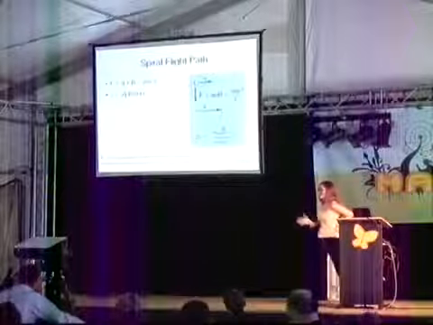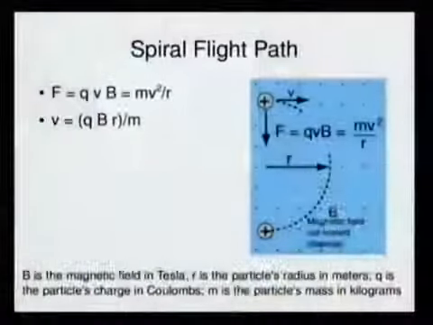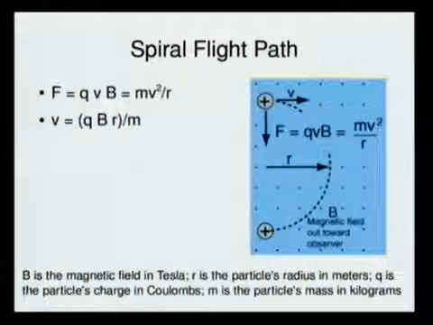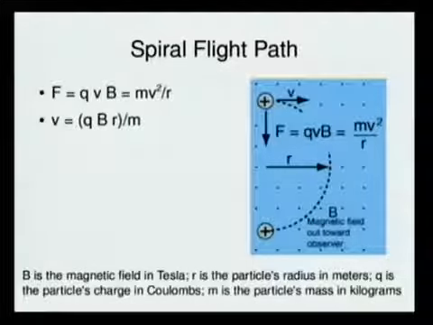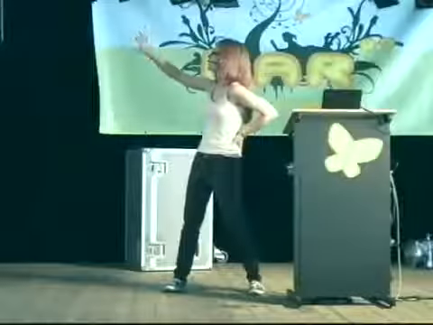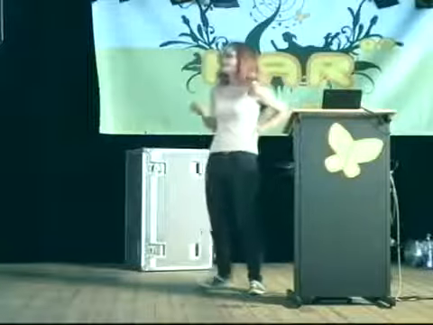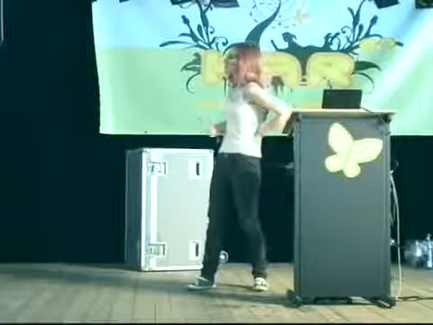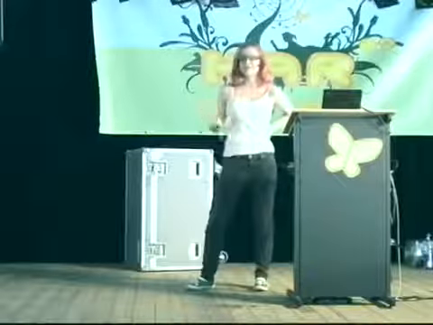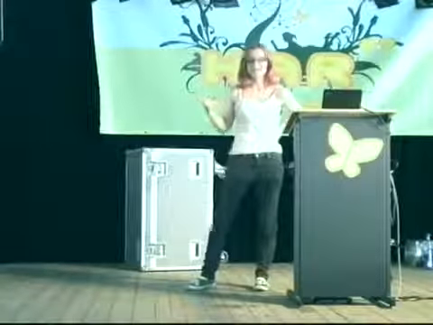That's just a set thing for something that's being curved. So then you take the second two parts of that equation, rearrange them, and you get the velocity is qBr over the mass. So now you have an equation for the velocity of the particle in terms of the charge, the magnetic field, whatever its given radius is, and the mass. And those are all known.